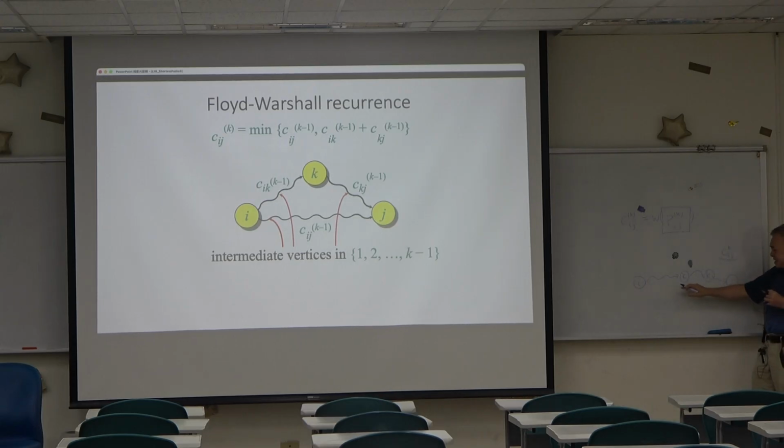If you say this is a shorter path than connecting i to k directly to j, where this part is the same as this part, meaning if you skip this loop, you could skip this loop, right?